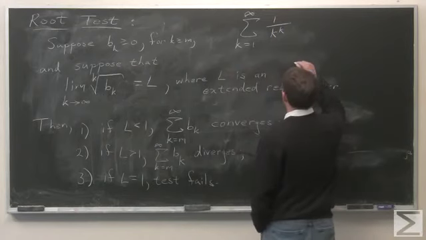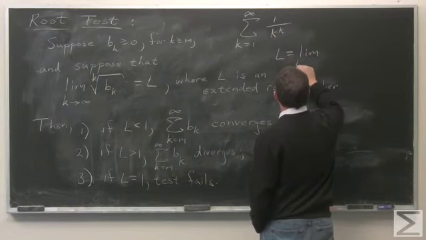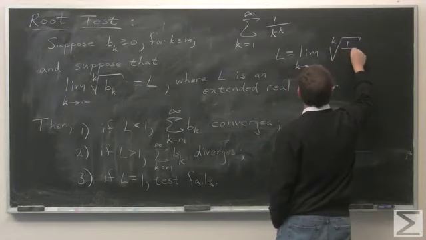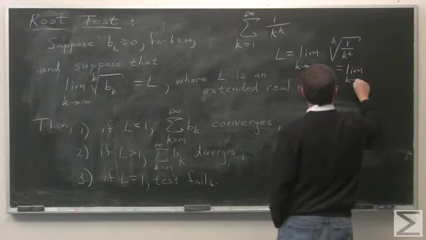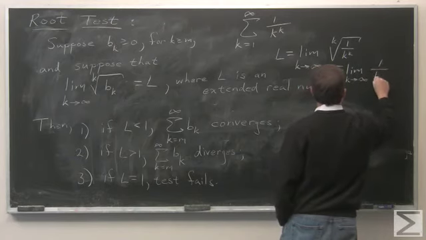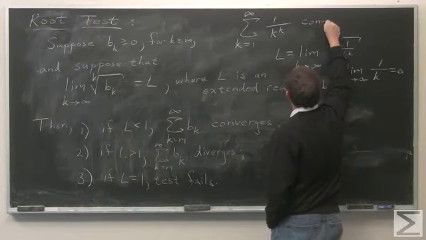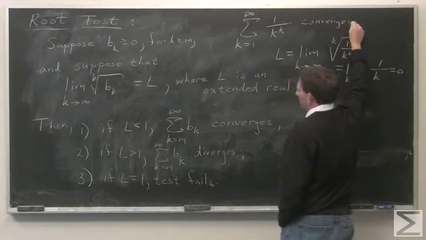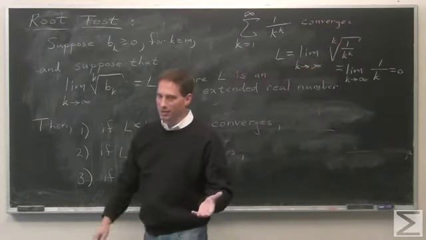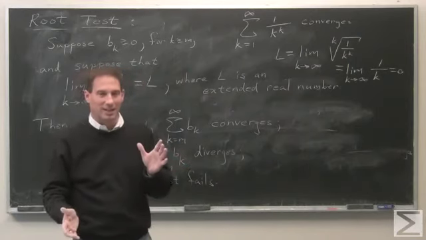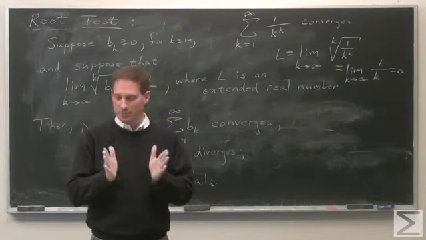But if you want to use the root test, it would be easy here. You take the limit as k goes to infinity of the kth root of the kth term. That's the limit as k goes to infinity of 1 over k, which is 0, which is less than 1, so this certainly converges. But aside from terms that are explicitly raised to the kth power, the root test tends to be a lot harder to use than the ratio test.